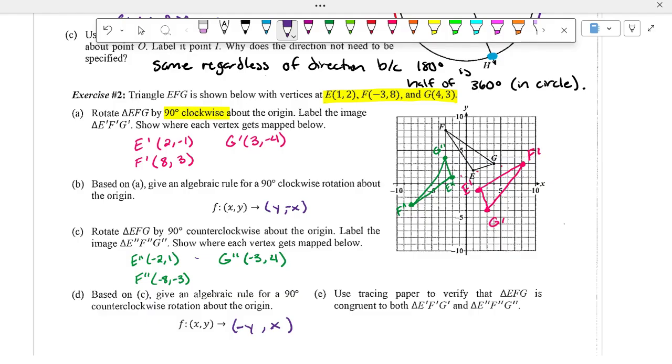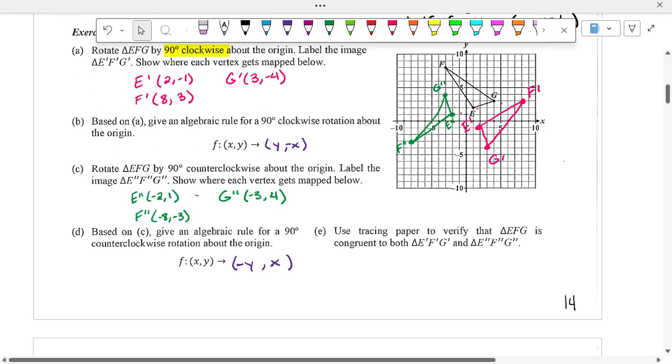What about when we did counterclockwise? Counterclockwise, E ended up in quadrant 2. What's true about the signs for quadrant 2 and the rule we came up with? They're still negative, positive.